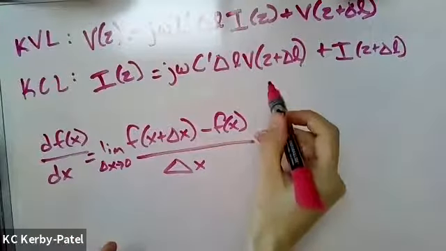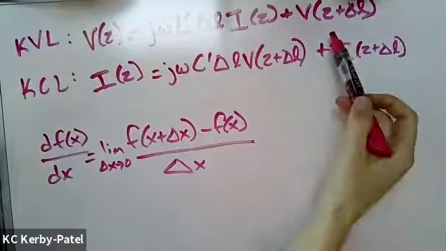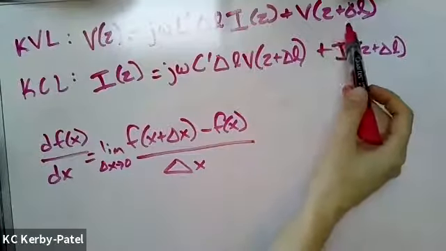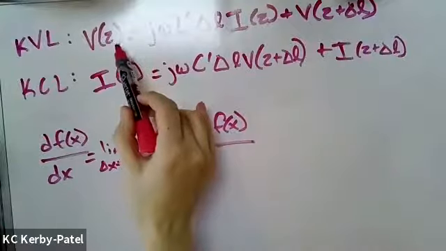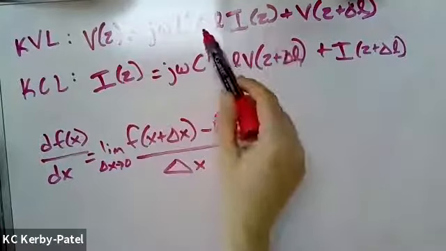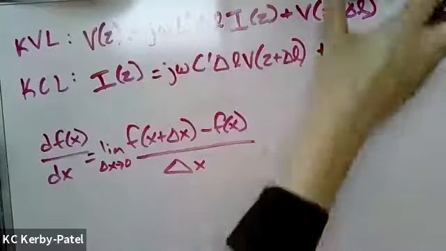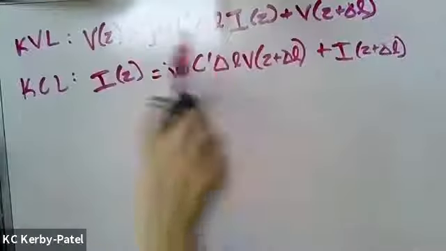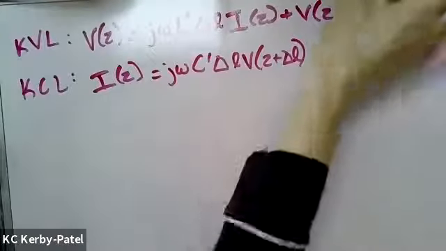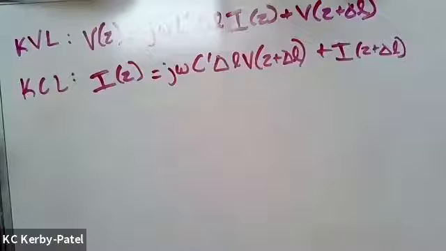That's what we're going to do here. We're going to subtract these voltage terms to get them on the same side and divide the whole thing by delta L. And then we're going to do the same thing with the current. And then we're going to take the limit of both of these equations as delta L goes to 0.